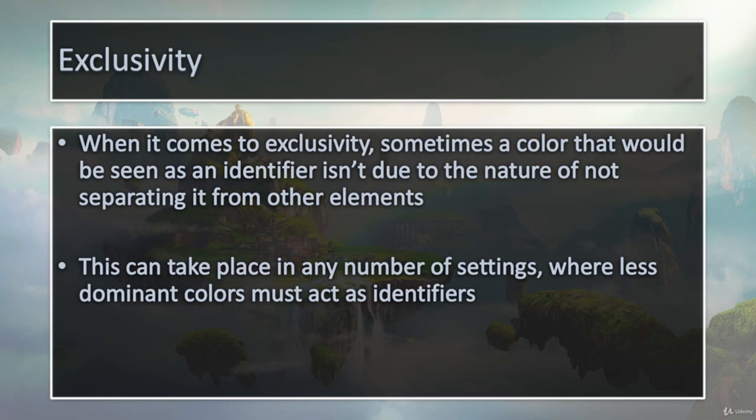Now when it comes to exclusivity, sometimes a color that would be seen as an identifier isn't, due to not being separated from other elements, and this can take place in a number of settings where less dominant colors must act as identifiers. So just to recap, we know what a color identifier is. It's basically assigning rules by grouping or separating certain colors in our color scheme.